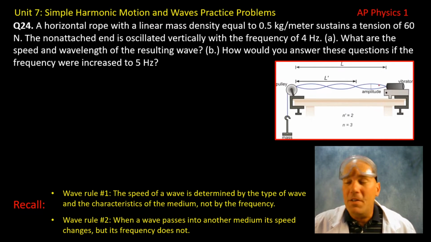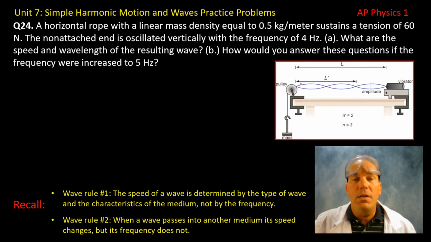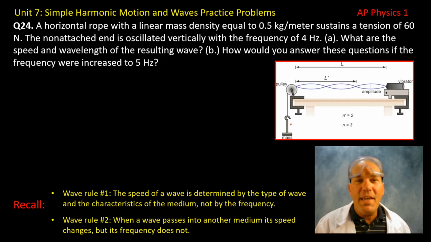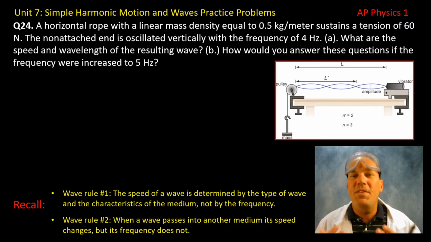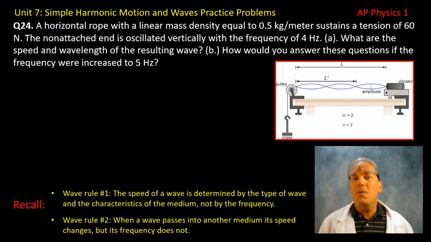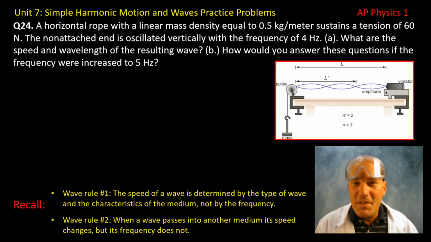It's one of my favorite labs. So we have a string oscillator here, and it's coming over to a modified Atwood machine. So we have a pulley on the side of the bench and a hanging mass. Now we can take that hanging mass and manipulate the force of tension, and therefore we can manipulate the overall velocity of the wave.